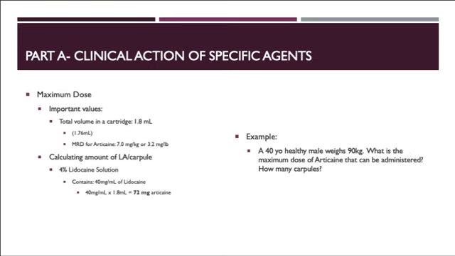So we take 90 kilograms, multiply it by 7, and the answer that you should get is 630 milligrams.